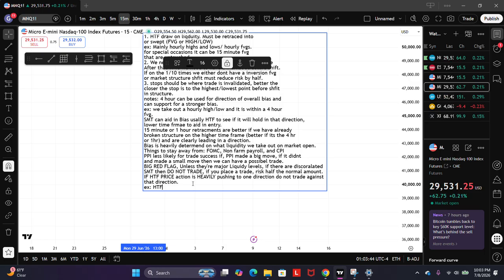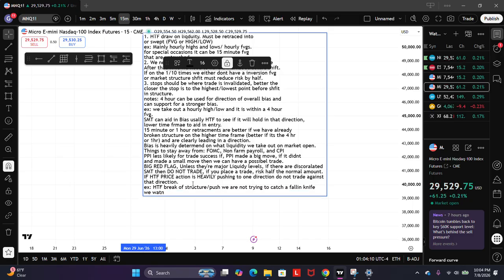where we had a high time frame break of structure slash push, we are not trying to catch a falling knife.